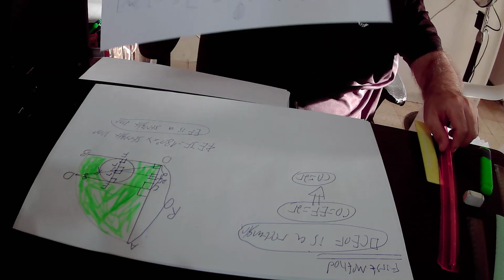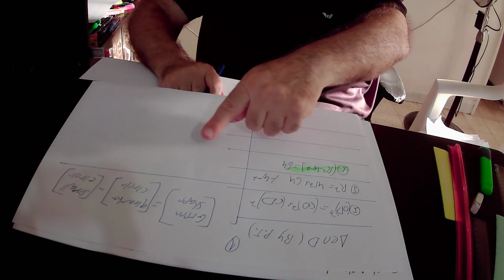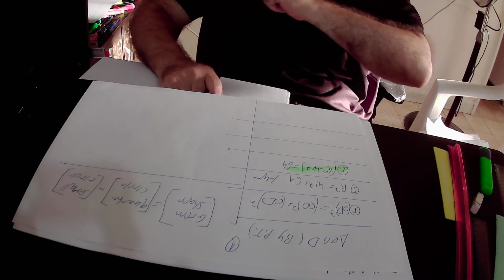I'll repeat again: the area of the green shape equals the area of the quarter circle minus the area of the small circle.